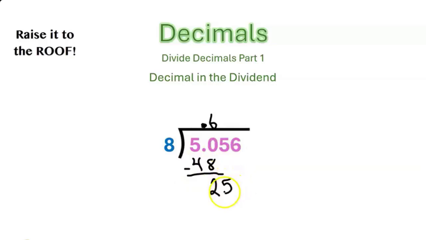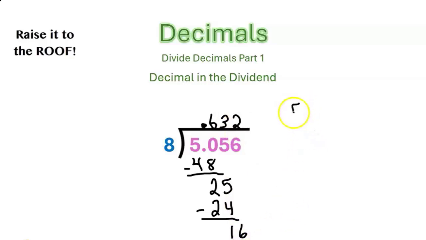I'm going to bring down the 5. 8 divides into 25 3 times. 3 times 8 is 24. I subtract, and I get a 1. Then I'm going to bring down the 6. 8 divides into 16 2 times. 8 times 2 is 16, and I get 0.